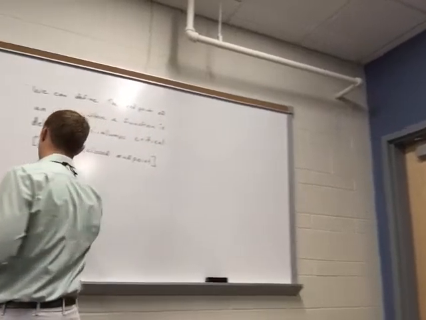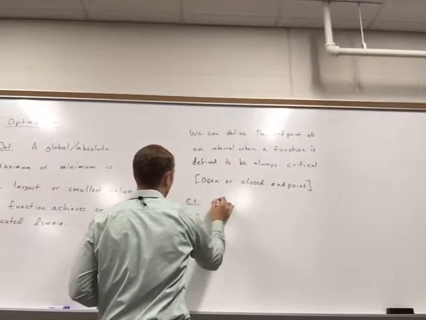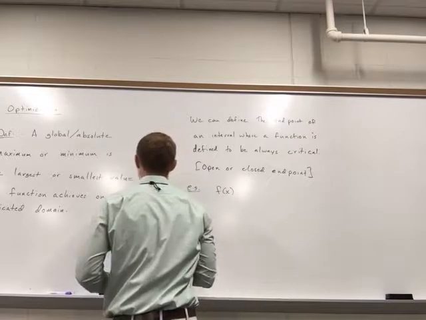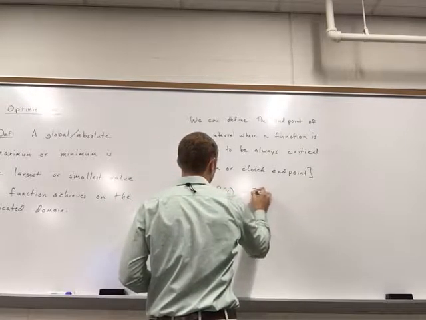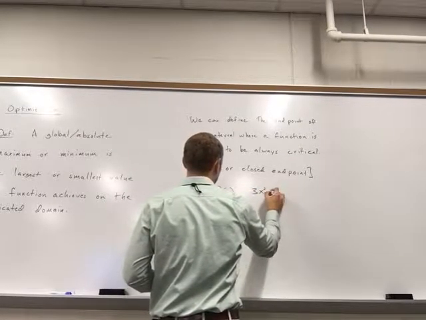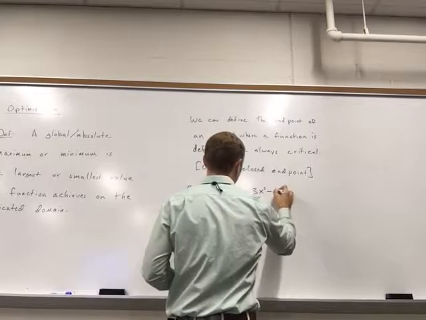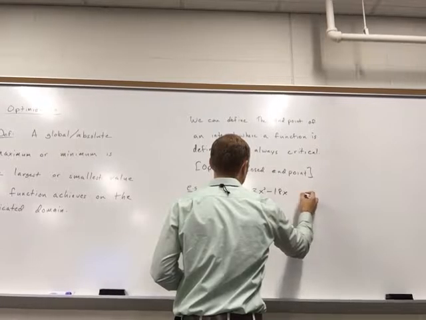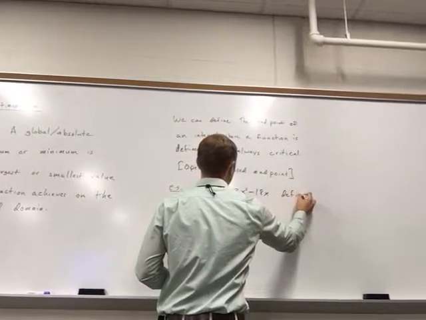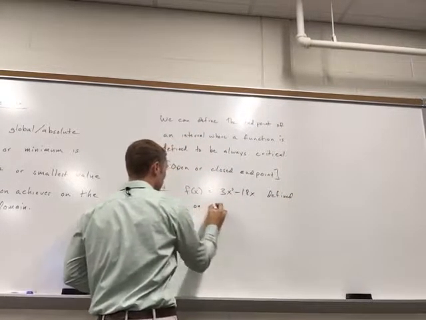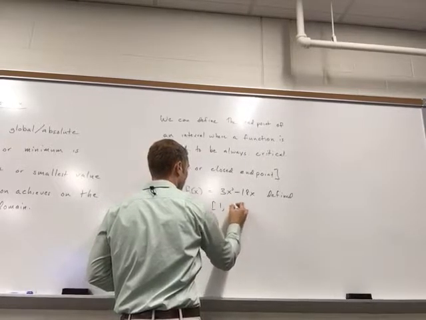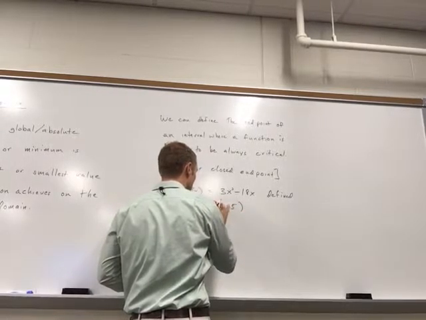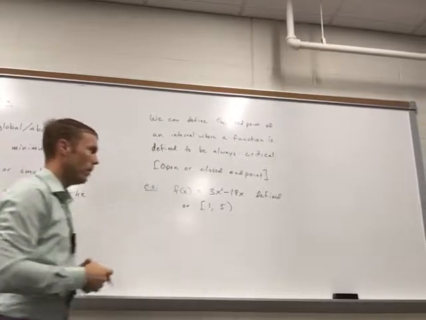So as a quick example, f of x equals 3x squared minus 18x, defined on the interval 1 to 5, closed and open.